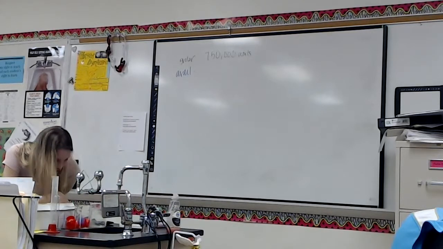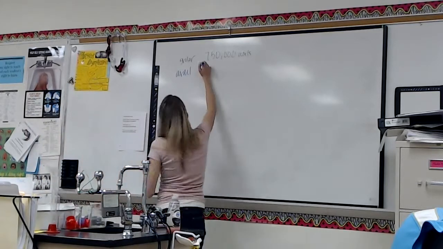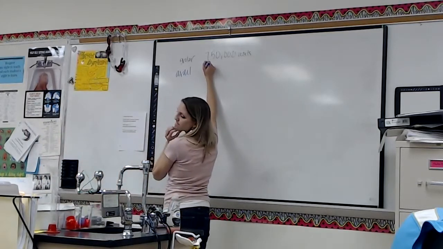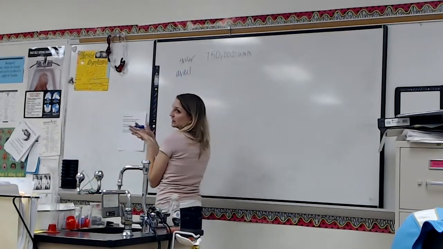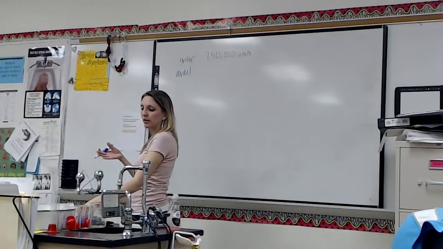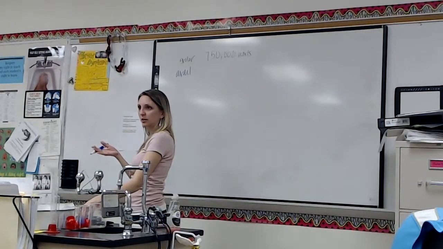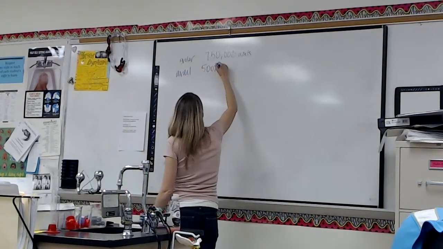So what's our strength here? How many units per milliliter? The 1.8 is how much diluent we added to make it the strength that it is. The strength that we're going to use is 500,000 units per milliliter. So that's what's available for us right now. That's how we mix it.